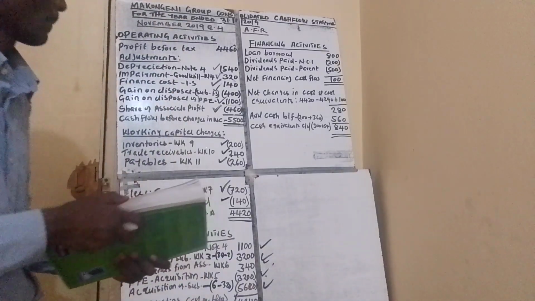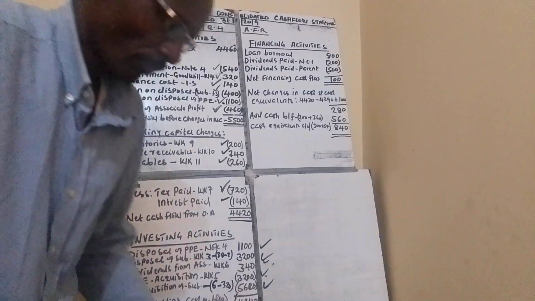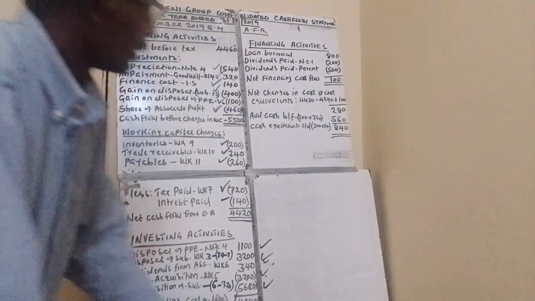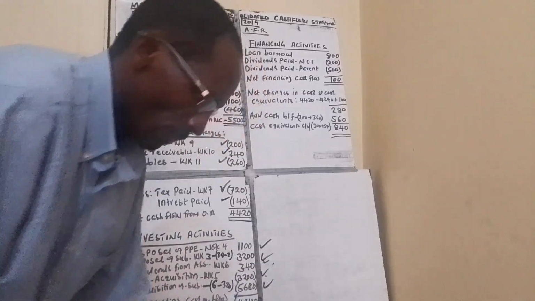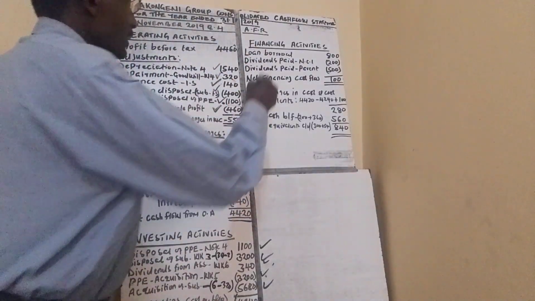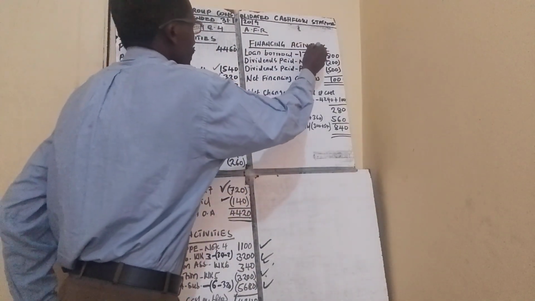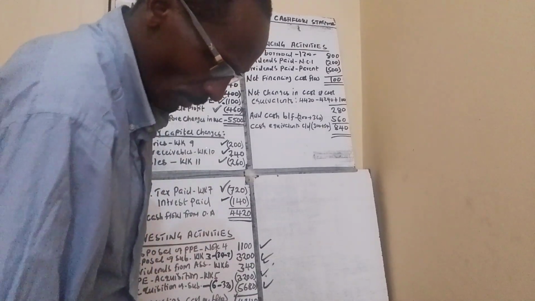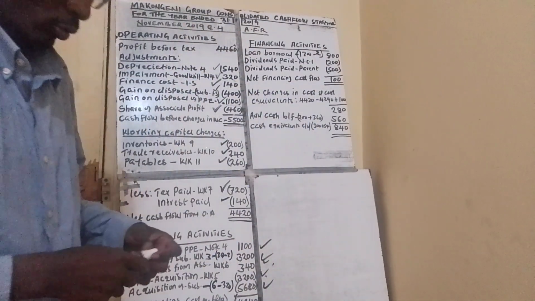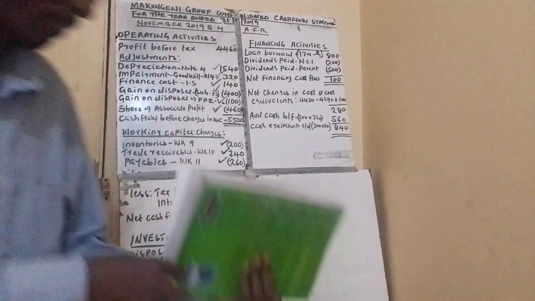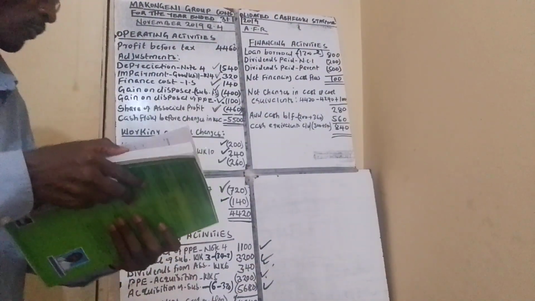Go to financing. Financing now, move very fast now. You look at loan borrowed. The loan borrowed, you have taken 1200 minus 200 minus 2000. You go to your opening balances for the loans. You find that figure there.